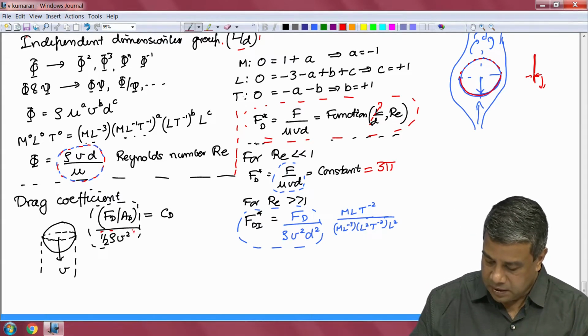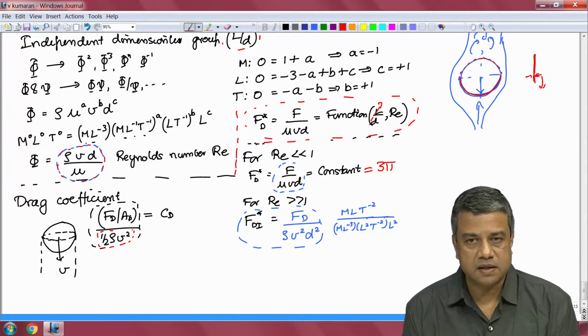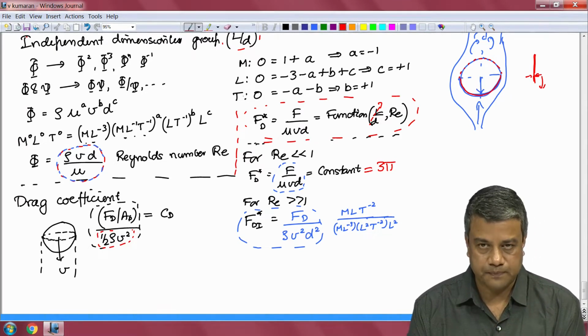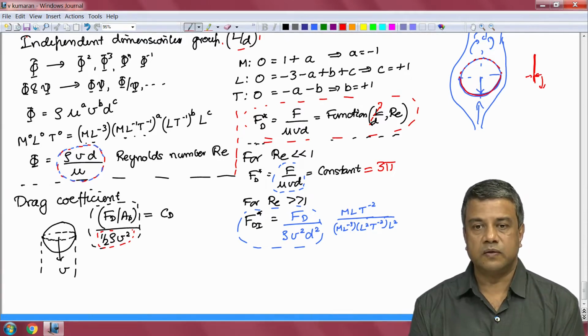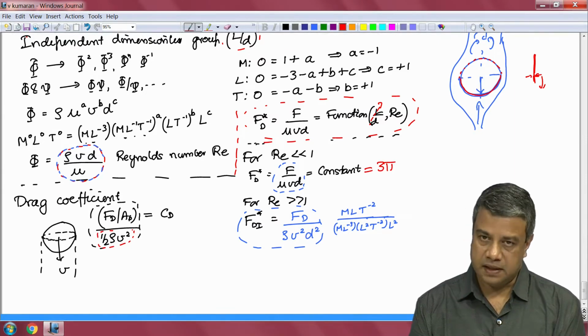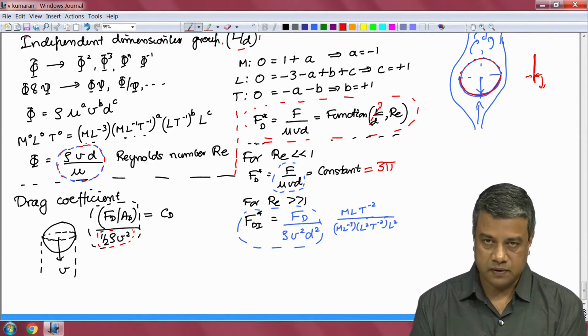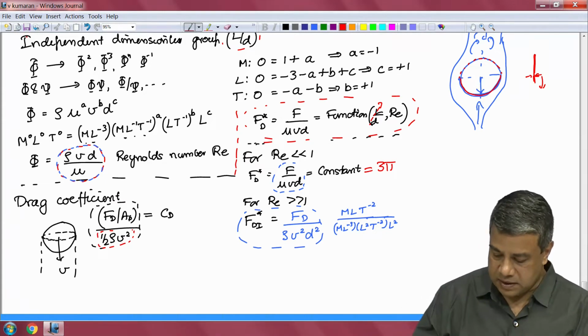Half rho v square is the kinetic energy per unit volume of the fluid, if the fluid were moving with velocity v. Half m v square is the kinetic energy of mass m. Divide that by the volume, you get a kinetic energy per unit volume. So, this is an energy per volume.